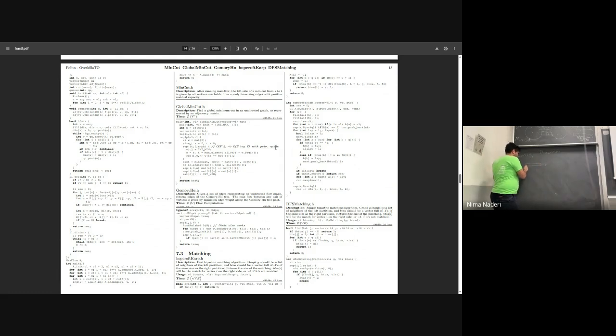I don't remember the actual main statement, but it basically says that in a bipartite graph, the maximum matching is equal to the minimum vertex cover.